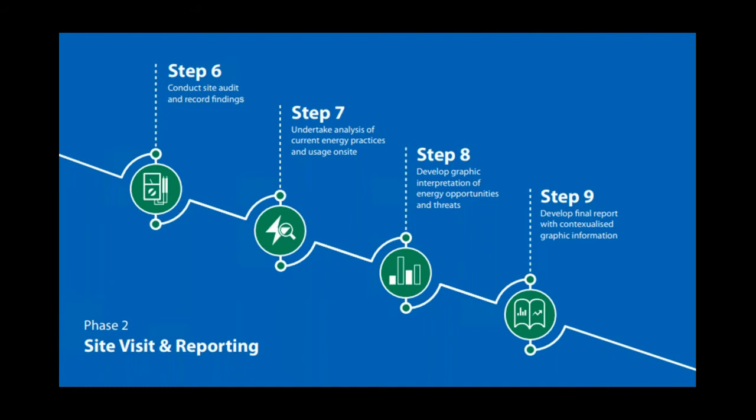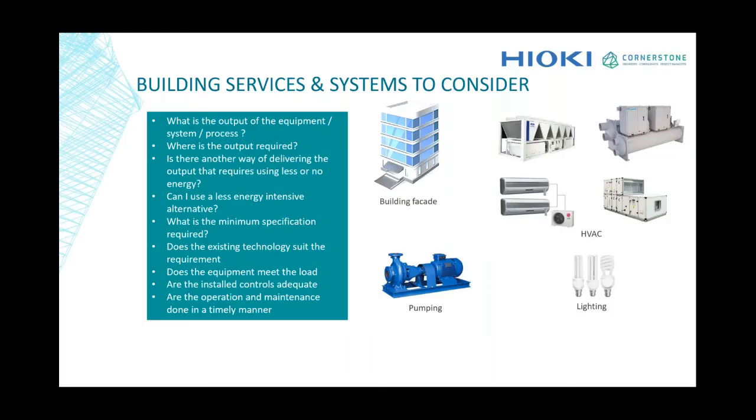Finally, at the end of the audit, we are expecting an easily understandable report, because different levels of people would be reading it. So we would have an easily understandable report that shows you the energy saving potential of the building and how long it would take for the building to recover the cost as per the implementation. So what are we going to focus on in a building service audit?